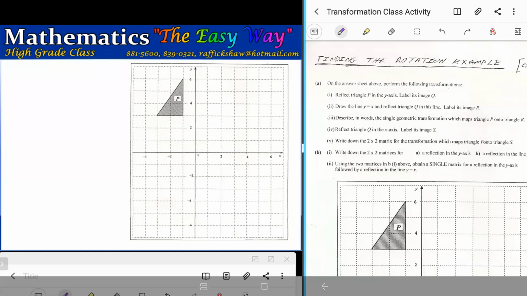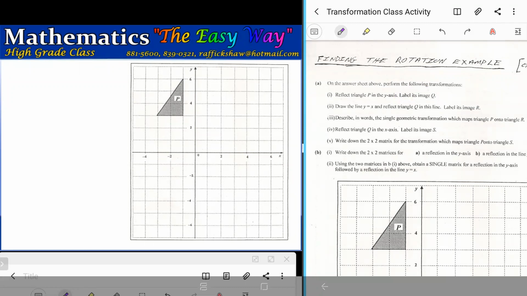The first question tells us that on the sheet, which I have on the left side of the page as well, they give us a triangle P, and it tells us to reflect triangle P in the y-axis and label the image Q. So we're reflecting that triangle in the y-axis.